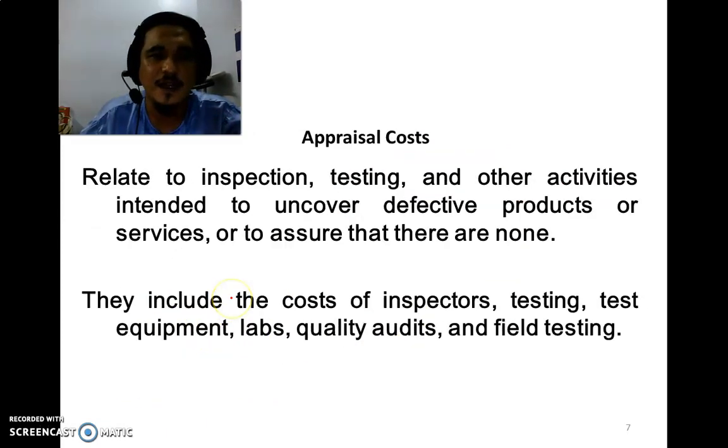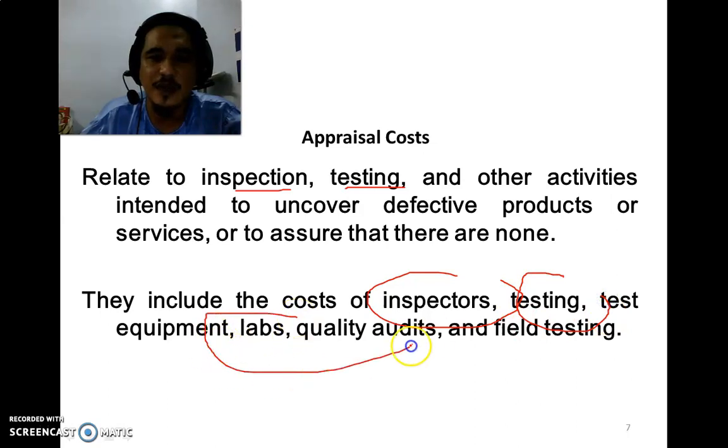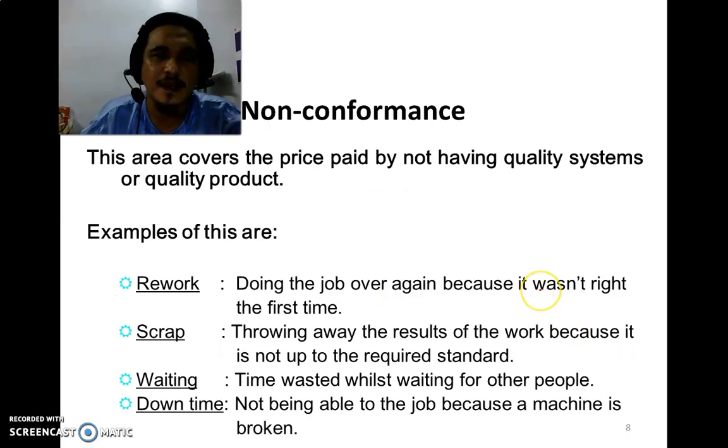Appraisal cost is related with inspection, testing, and other activity intended to uncover defective product or service to assure there are none. This includes the inspector, test equipment, lab, quality control, and field testing.